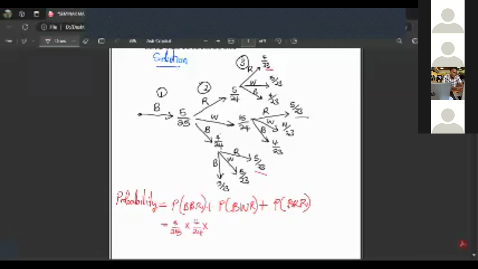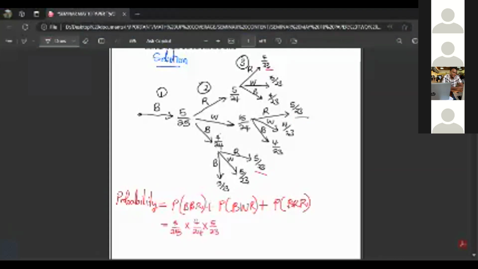Or we can choose a blue ball and a white ball and a red one. And then also, we could have a blue ball, that's 5/25, then times the probability of choosing a red ball, that's 5/24, then times 4/23.